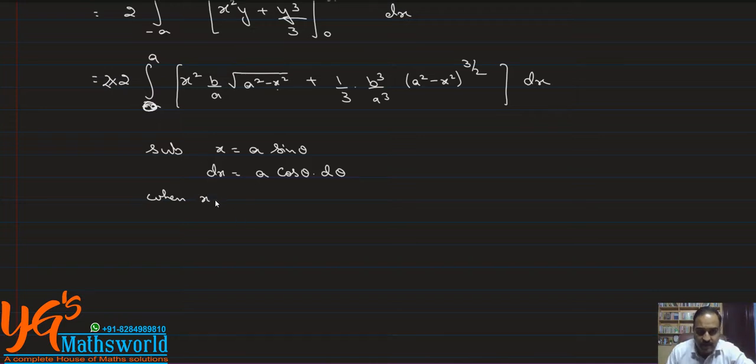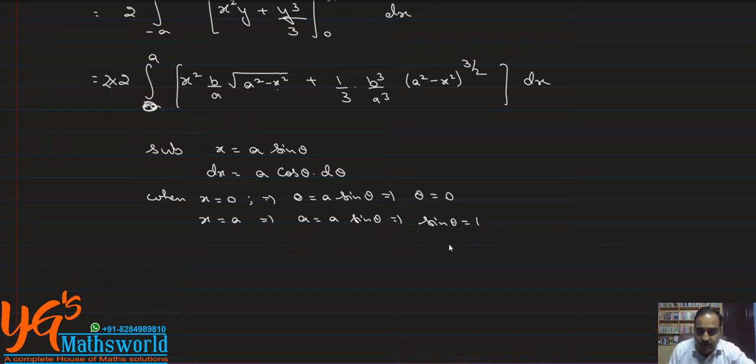So when x is equal to 0, 0 is equal to a sine theta, this implies theta will be equal to 0, and when x is equal to a, a is equal to a sine theta, that means sine theta is equal to 1 or theta is equal to pi by 2.